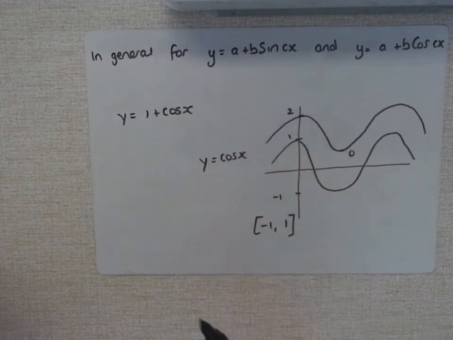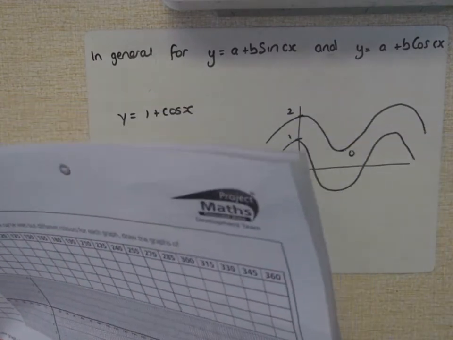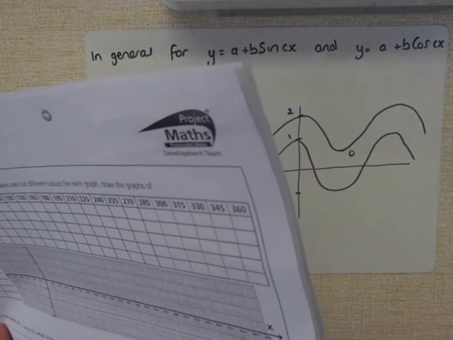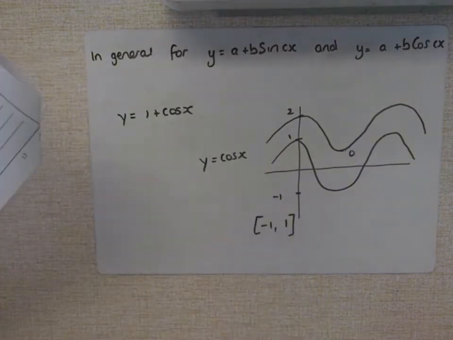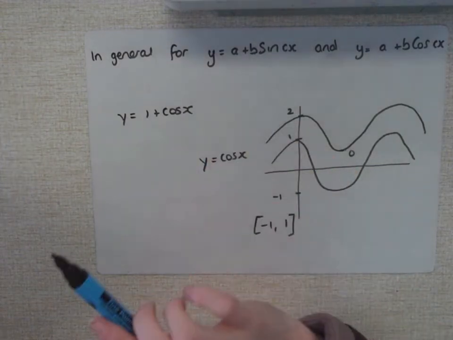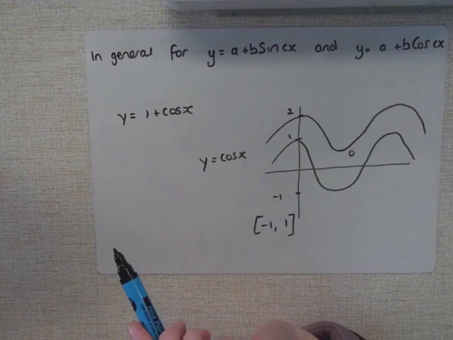When I multiply the function, have you your sheet? Have a look. When I multiply the function, what happens? It's the range that changes. It's not your period.